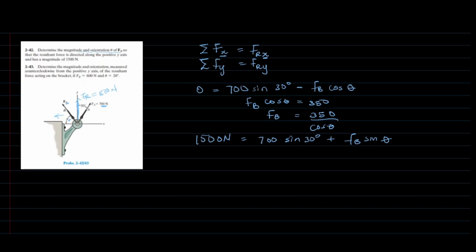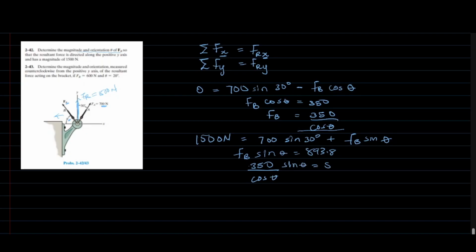So the final answer is still correct. So make FB the subject of the formula. Let's have FB sine theta equals 893.8. That means FB will now be replaced by the equation we had here, which is 350 over cos theta, times sine theta equals 893.8.